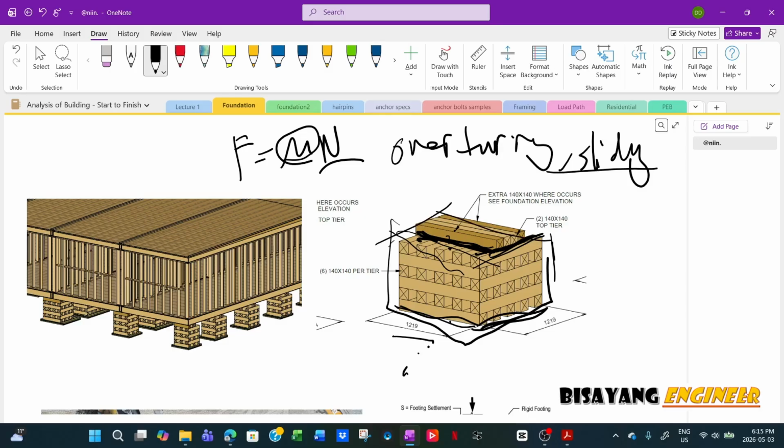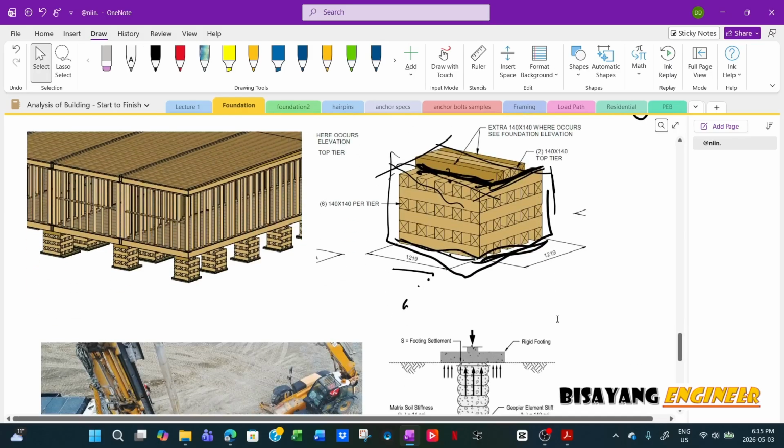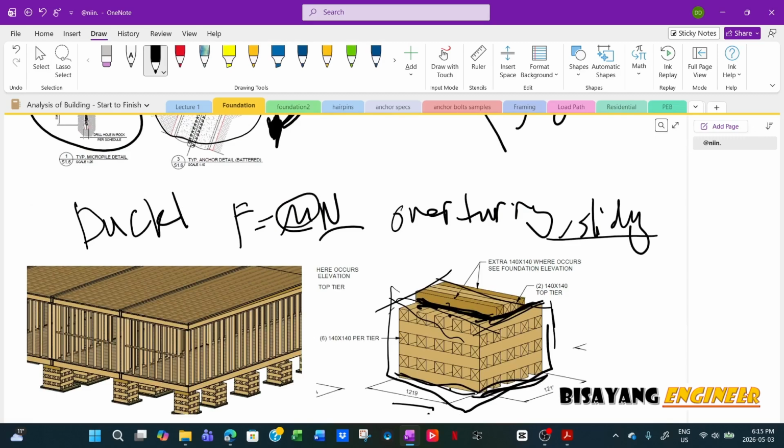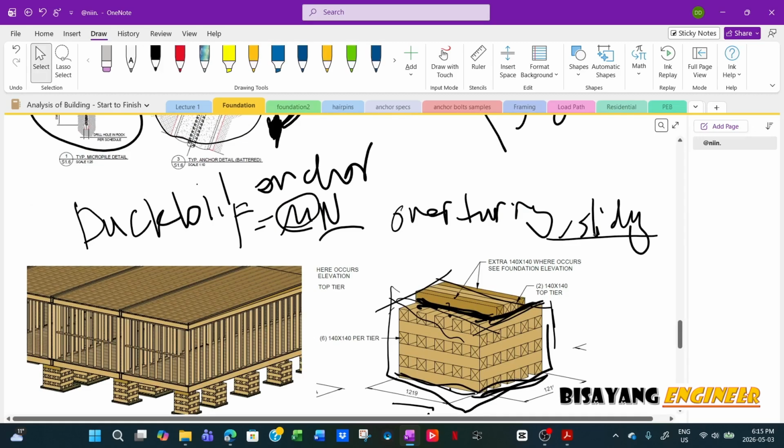And then for the overturning, if the overturning due to wind and seismic is larger than the resisting moment, like the weight of the building, we will use what's called a duckbill anchor. So it's a duckbill anchor.